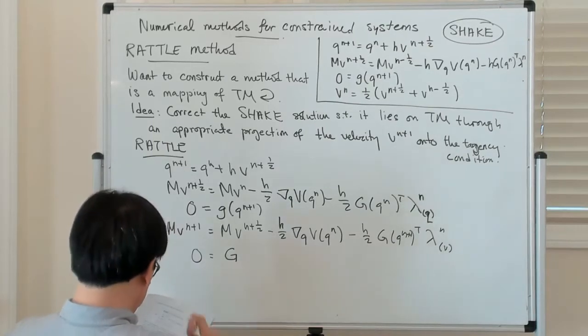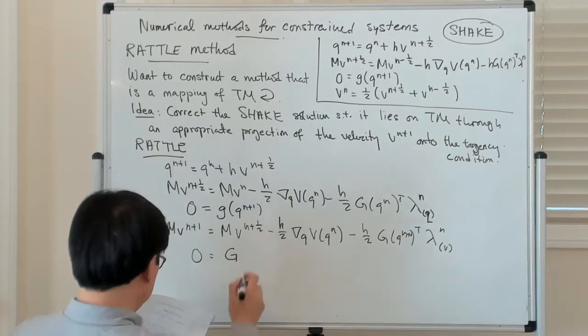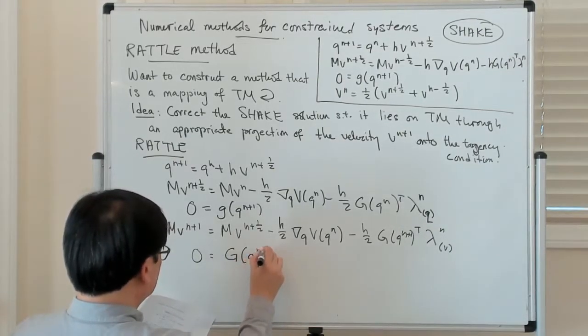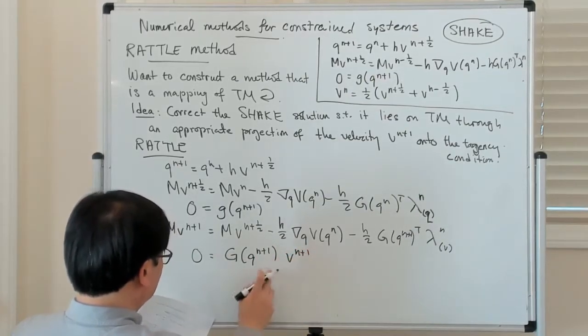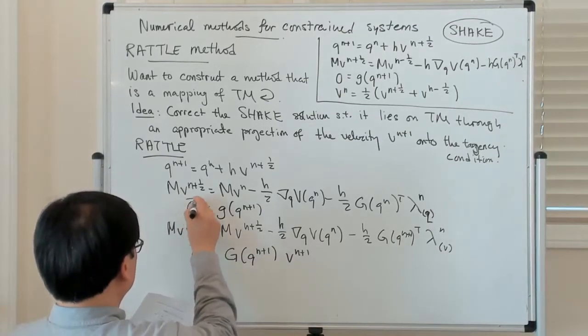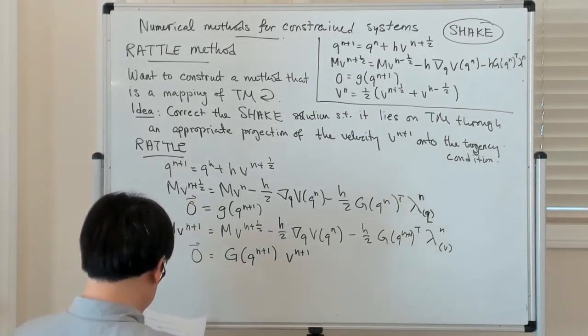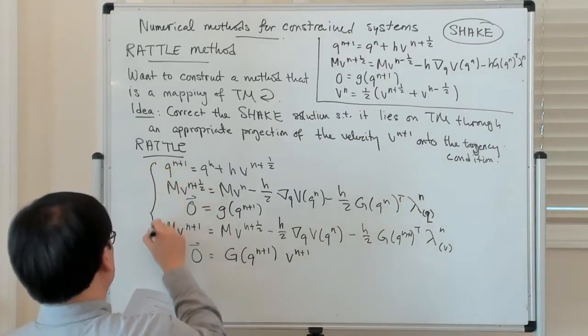So that's playing the role of each of the individual gradients. And then this has to be paired with v_{n+1}, and it has to vanish, and this is again a zero vector. All right, so both of these are zero vectors. Okay, so that is what is called RATTLE.